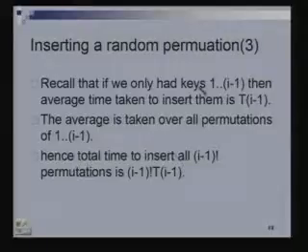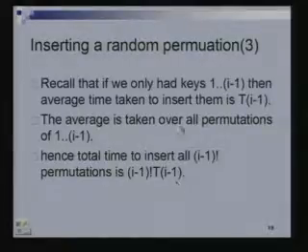Okay. So, suppose I had only i minus 1 keys, 1 through i minus 1. Then the average time taken to insert these keys is T of i minus 1, this is what we define T of n as. This average is the average taken over all the permutations of 1 through i minus 1. So, the time taken to insert all these i minus 1 factorial permutations is just i minus 1 factorial times T of i minus 1.